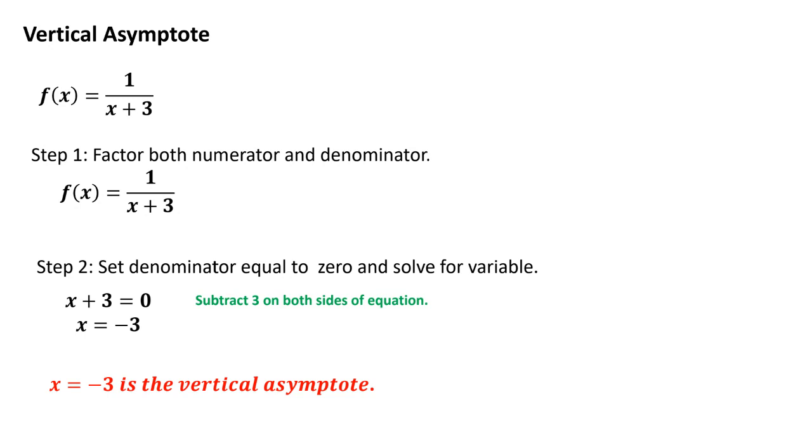So lo and behold, we have the equation of the vertical asymptote. This is when the computer asks you, what is the equation of the vertical asymptote? We solved for it. x equals -3. This represents this imaginary vertical line that our graph cannot touch or cross.